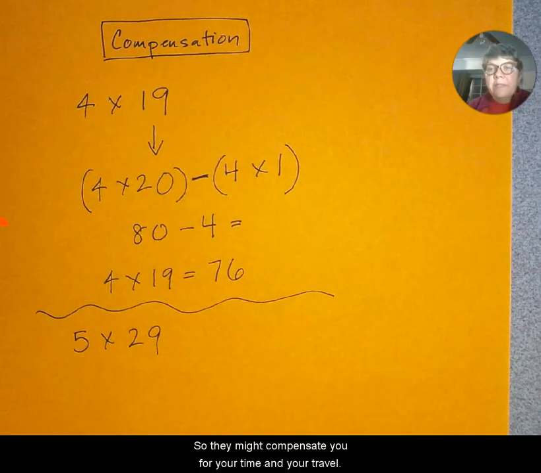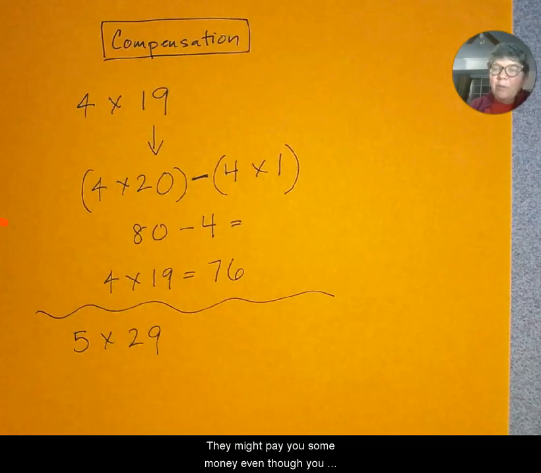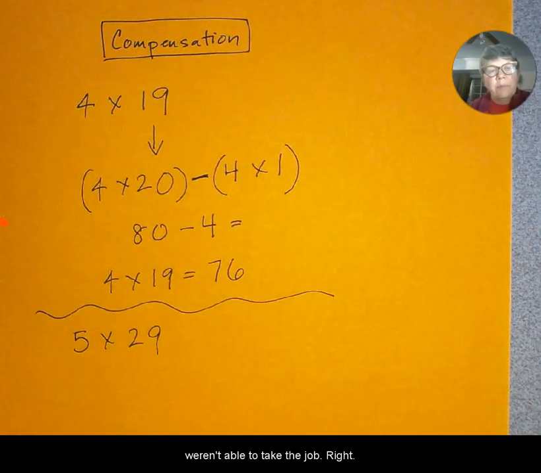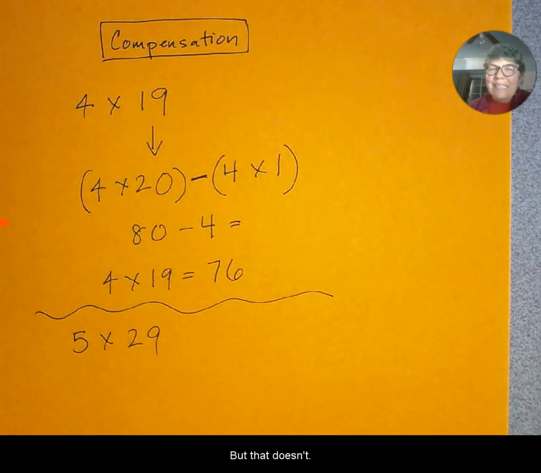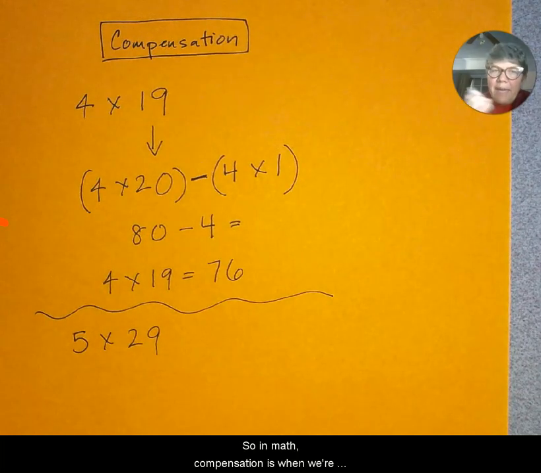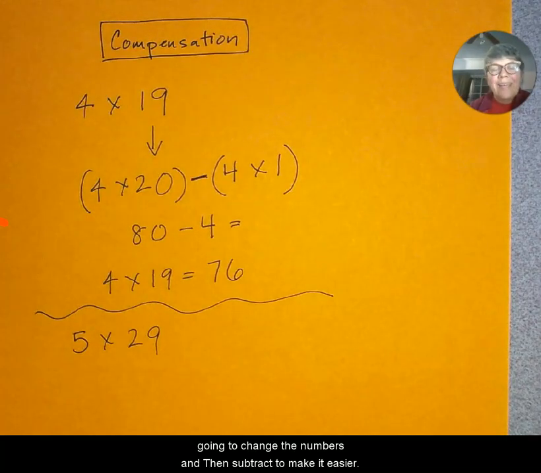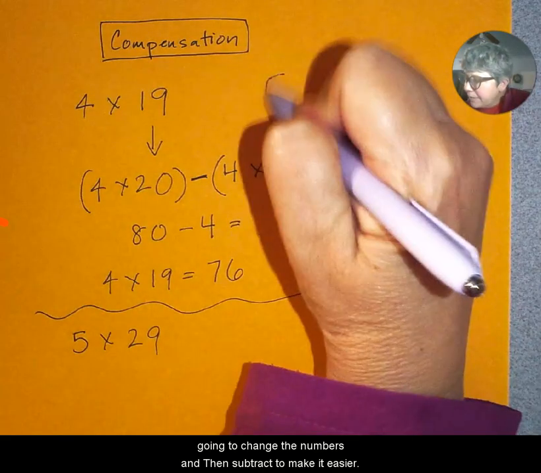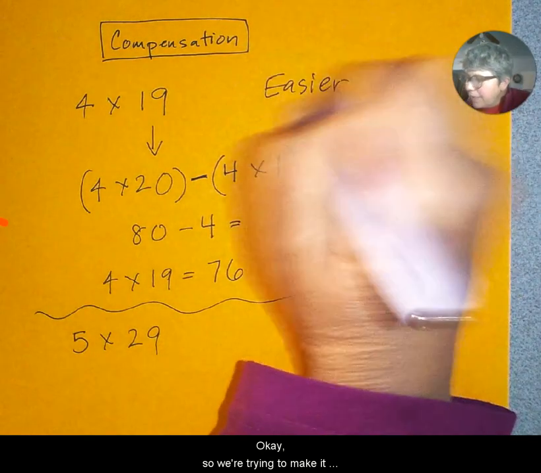So they might compensate you for your time and your travel. They might pay you some money even though you weren't able to take the job, right? But we do have some subtraction here. So in math, compensation is when we're going to change the numbers and then subtract to make it easier. Okay, so we're trying to make it easier.